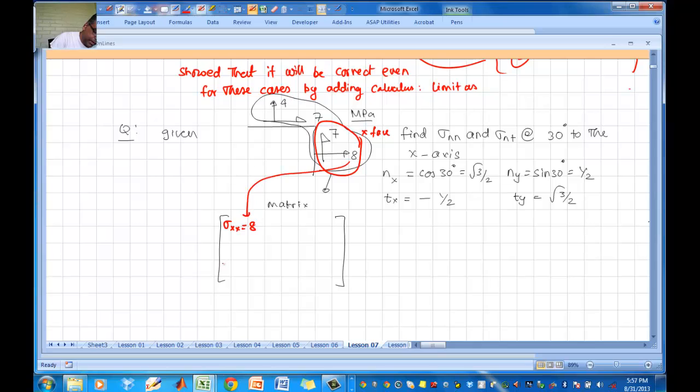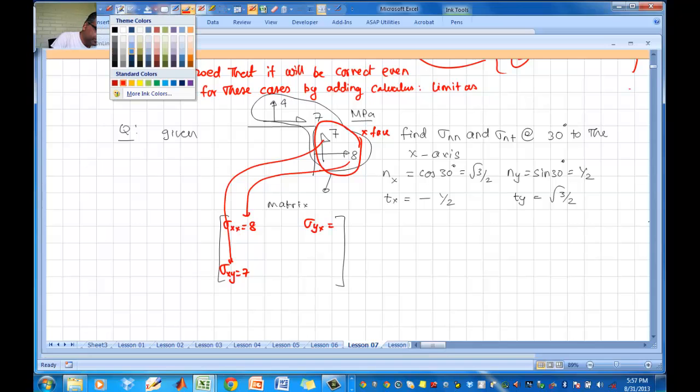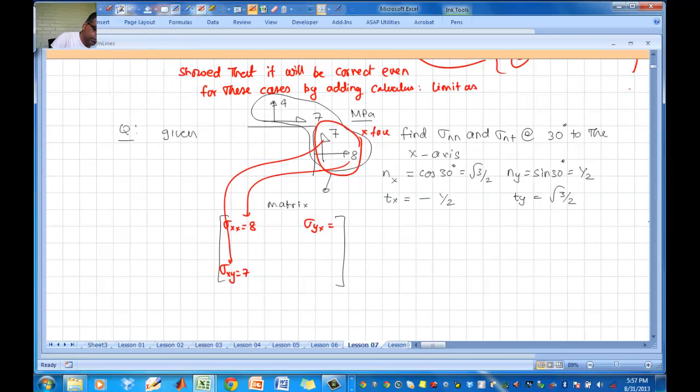Sigma xy equal to 7. Sigma yx equals 7. Sigma yy equals 4.